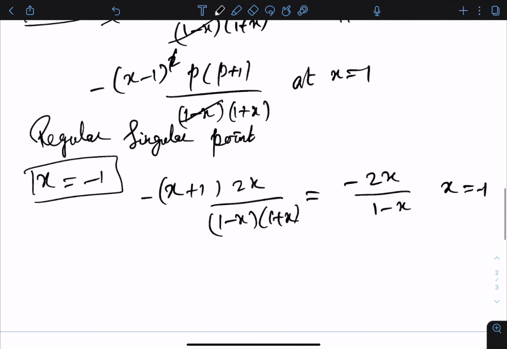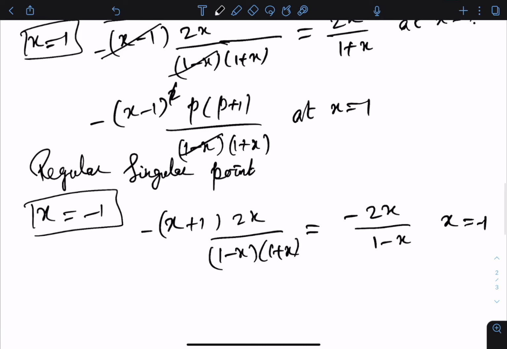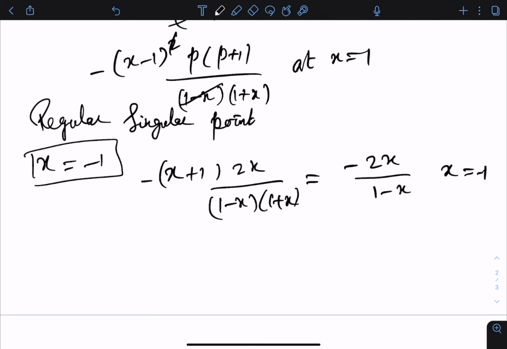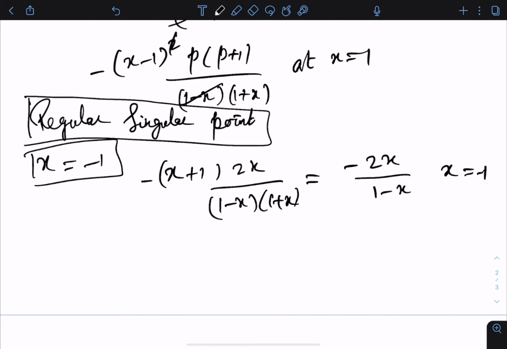Similarly for q, you can verify that the same thing is valid. I'm not going to do it, so you can verify that. So x equal to minus 1 is also a regular singular point. So we have classified them.